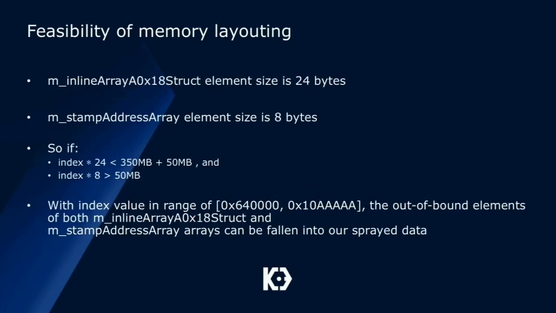So what conclusion can we get at this stage? The first, because the mInlineArray element size is 24 bytes, and the mStampAddressArray element size is 8 bytes. So if we can make sure that the index value multiplied by 24 is smaller than 400 megabytes, and the index value multiplied by 8 is larger than 50 megabytes, then we get the range of the index.